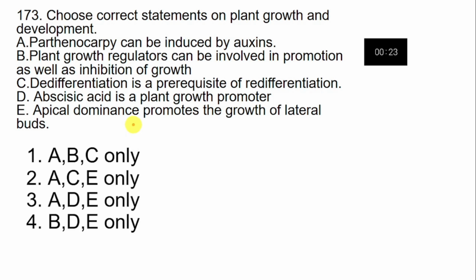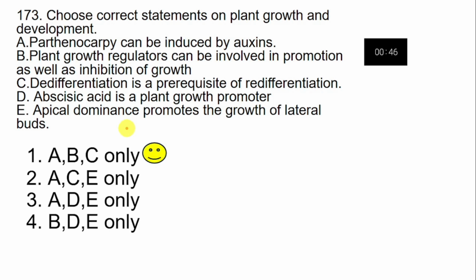Next we have B, C or D. Plant growth regulators can be involved in promotion as well as inhibition of growth. Yes, this is correct because regulators can either stimulate or inhibit growth. So B is also correct. So A and B combination is only in option number 1. So this is the answer.